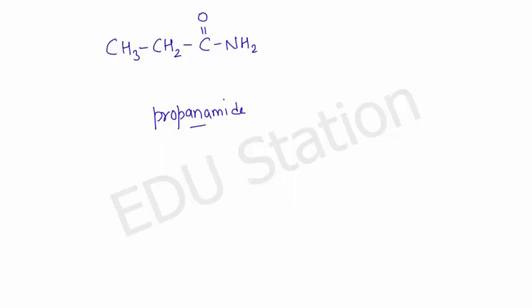Now if I replace this hydrogen with C2H5, now it will be named as N-ethylpropanamide. We replace the other hydrogen also.